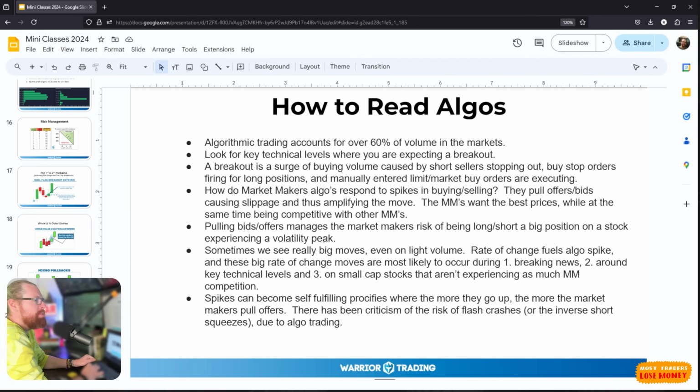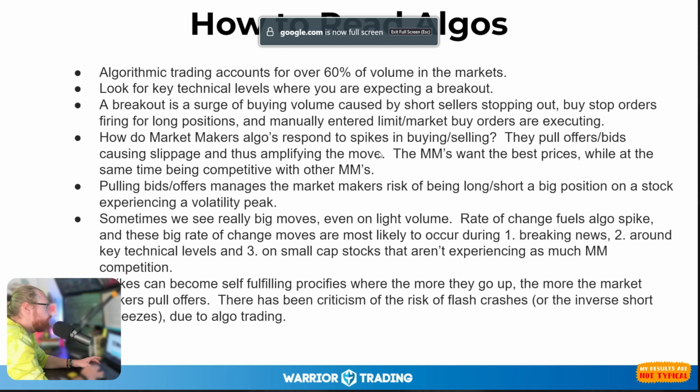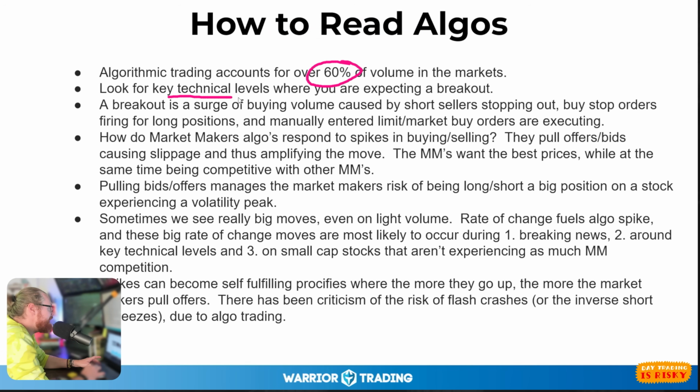Now, some of this requires an ability to read algos. High-frequency trading algorithms account for over 60% of the volume in the markets. So you have to look for key technical levels where you're expecting a breakout. A breakout is a surge of buying volume caused by short sellers stopping out and buy stop orders executing for long positions and manually entered limit and market buy orders that are executing.